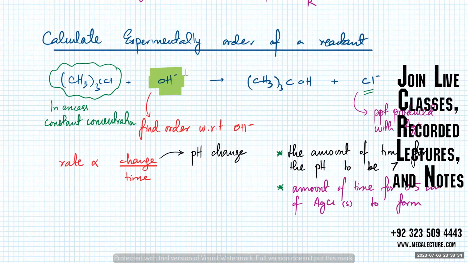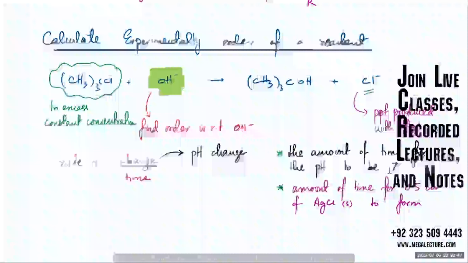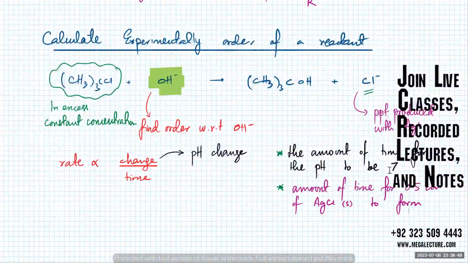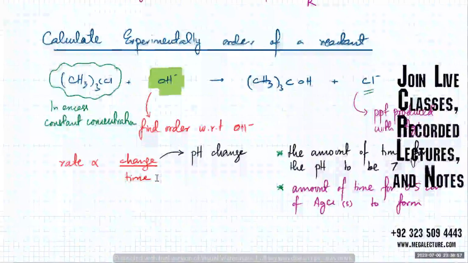So if the reaction happens quickly, it's going to take less time for the pH to go to 7. If it's happening very slowly, it's going to take a very long time. So the point is that in this way, you can measure the speed of the reaction. You can measure the change that's happening with respect to time. Is that clear? Yeah, that's clear.